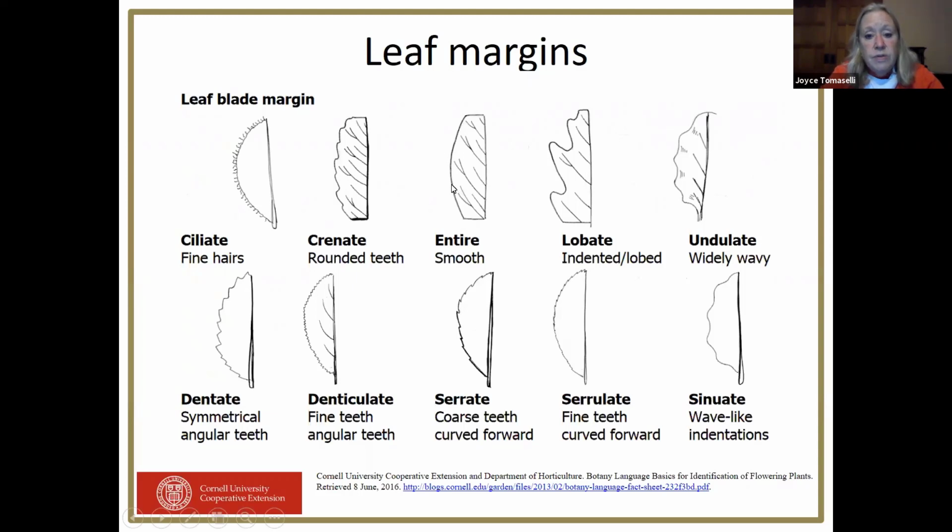So sometimes when you start understanding that you're getting closer to an identification, you would look up oak leaf botanical description, and you would start seeing these terms, and it would help you understand to look in more detail at the edges of those leaves.